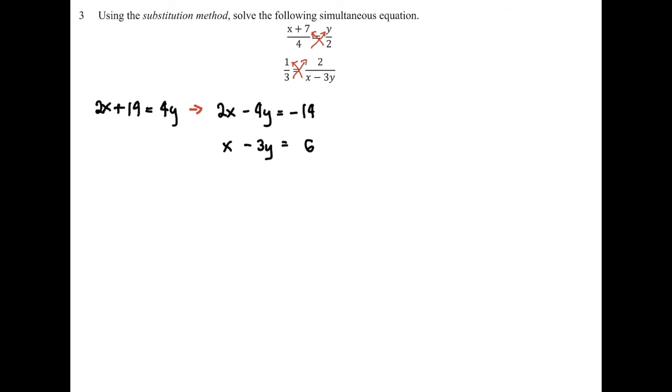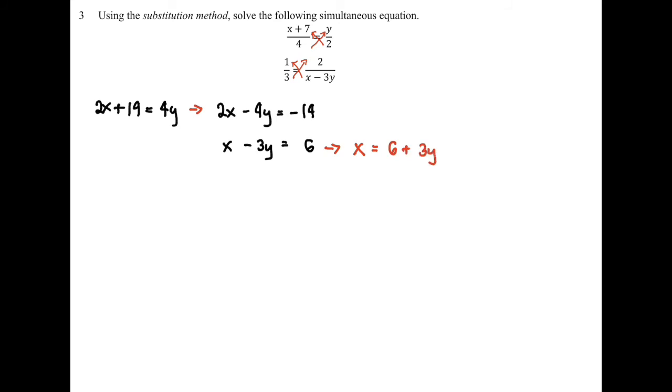I highly suggest that you look for a variable without any number. In this case, I have x here. So I'll choose the second equation. I'll make x the subject. So it becomes x equals 6 plus 3y.